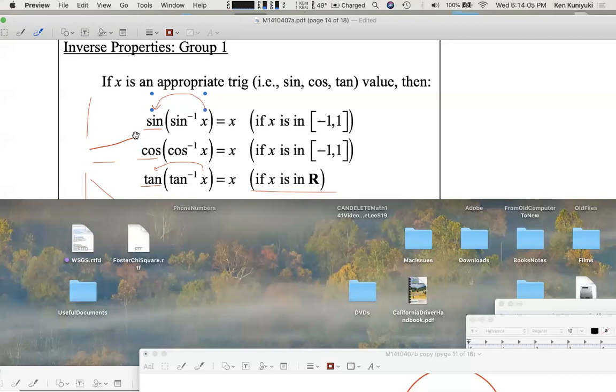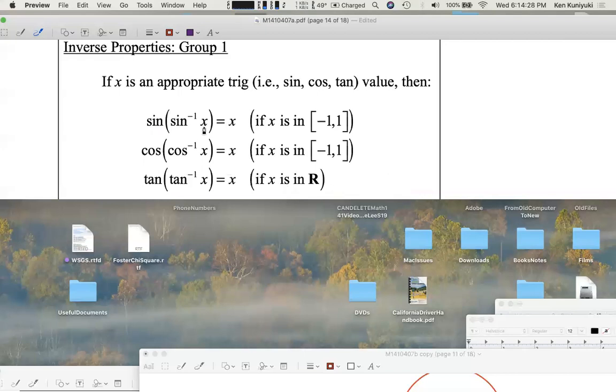So we have these very nice inverse properties for group 1, provided that x, the inside argument here, is in the range of the outer function, sine, cosine, or tangent. Otherwise, your answer will be undefined.